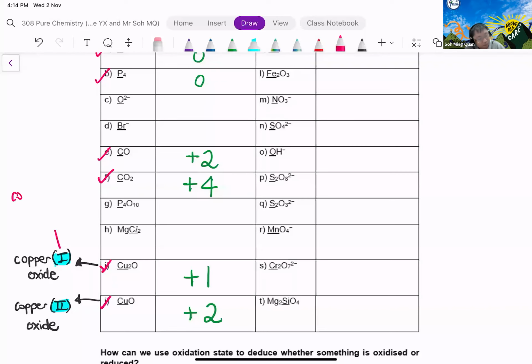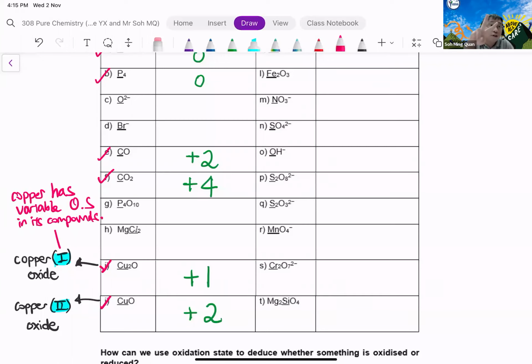Copper has variable oxidation states in its compounds. For example, when copper reacts with oxygen to form the oxide, you have two types of oxides, copper 1 oxide and copper 2 oxide.